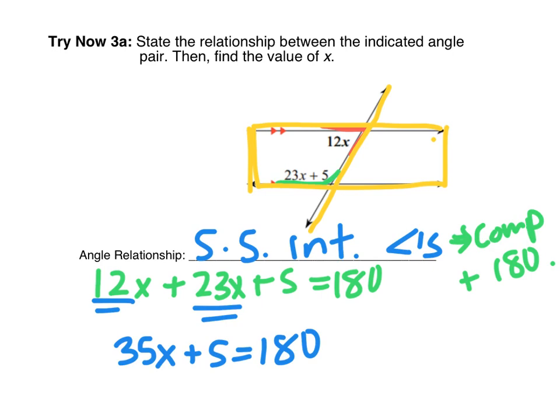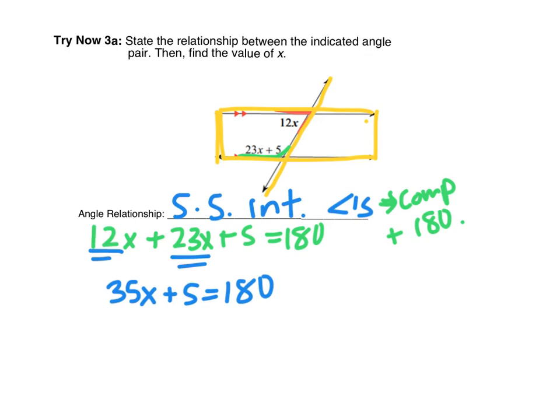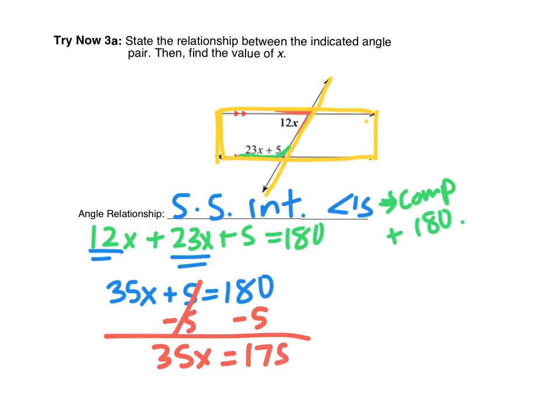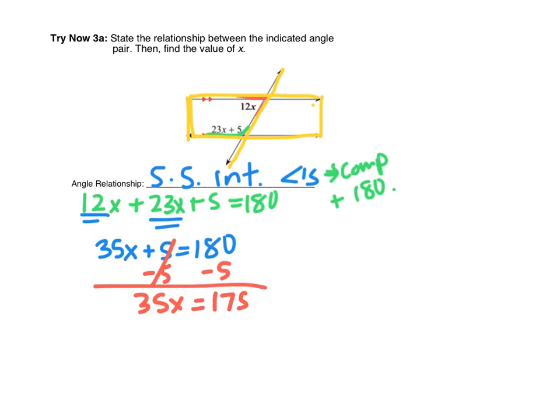I'm just going to zoom a little bit. My next step is we're going to subtract 5 from both sides. Minus 5, minus 5. We get 35x, our 5's cancel, equals 175. And then we have one final step.